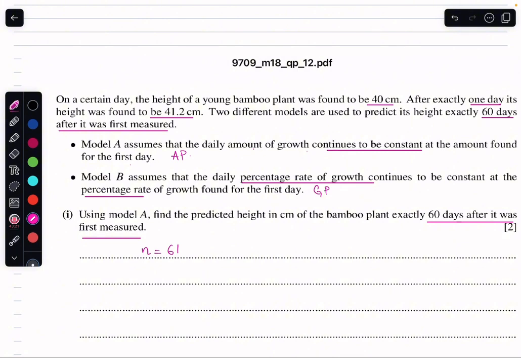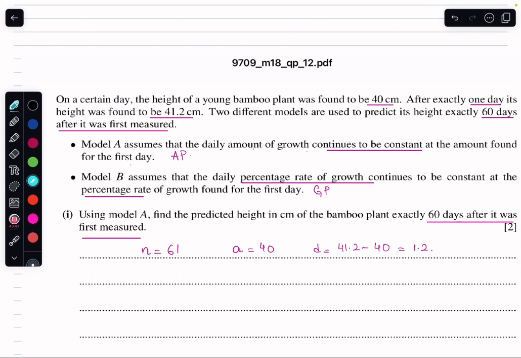Now let's start taking in the data. They are saying on a certain day, it was found to be 40 centimeters. So this is going to be the first day height, which is going to be 40 centimeters. And after exactly one day, its height was found to be 41.2. So that means my common difference needs to be 41.2 minus 40, giving me the answer as 1.2.